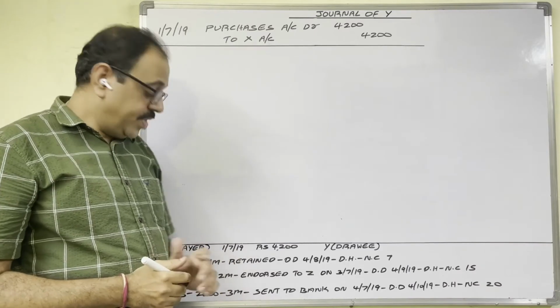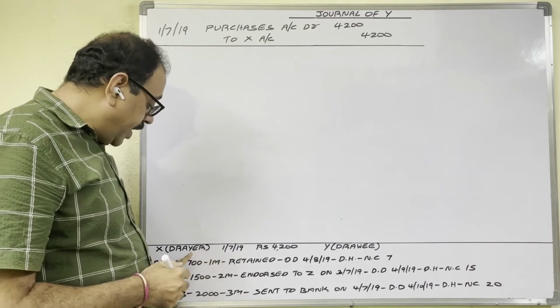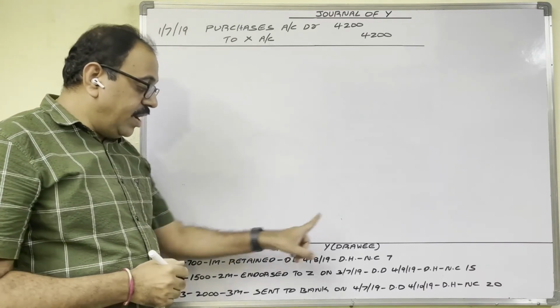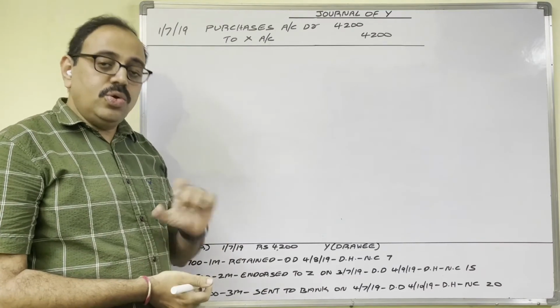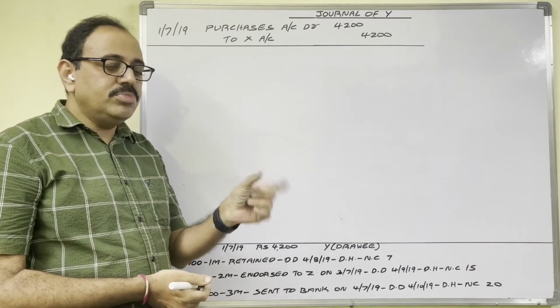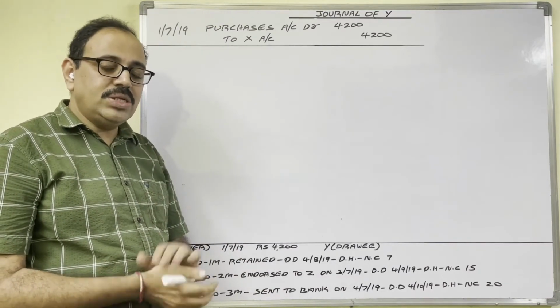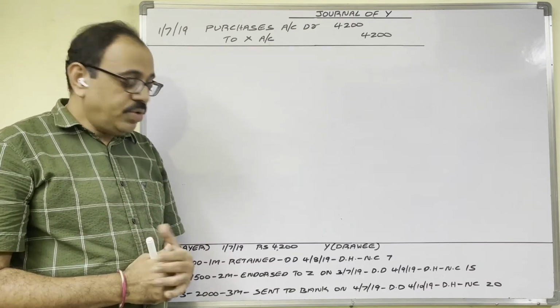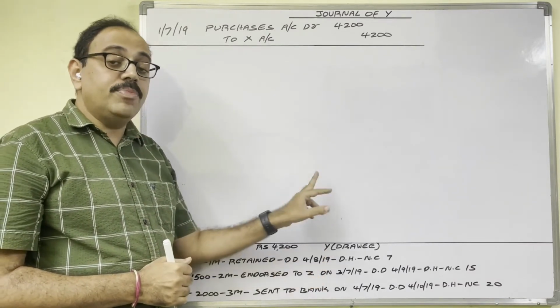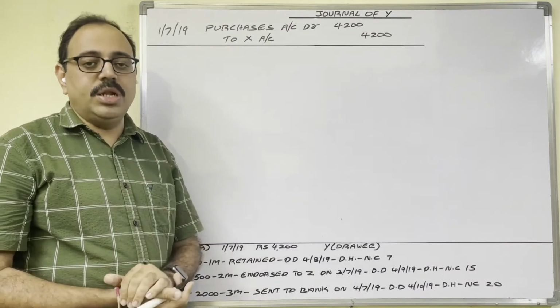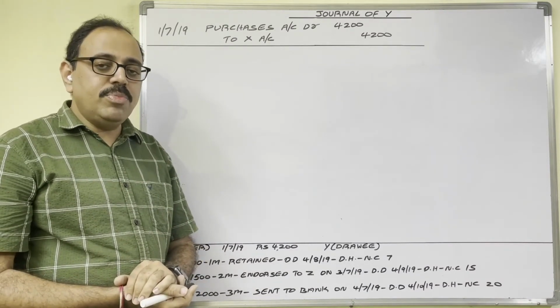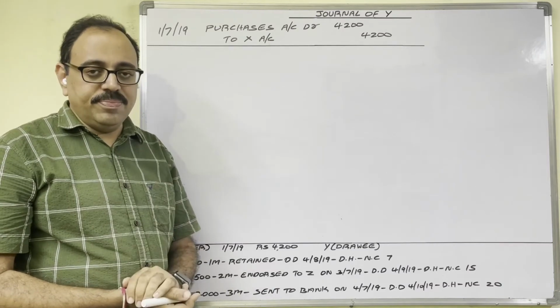Next what happened? On the same day, X prepared 3 bills and Y has given acceptance on these 3 bills. So to Y, this bill becomes a liability because he has to pay the money. So from Y's point of view, from drawing's point of view, a bill is bills payable. So a bills payable liability is created newly.